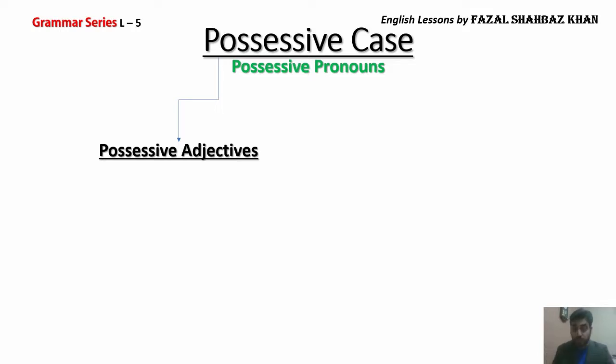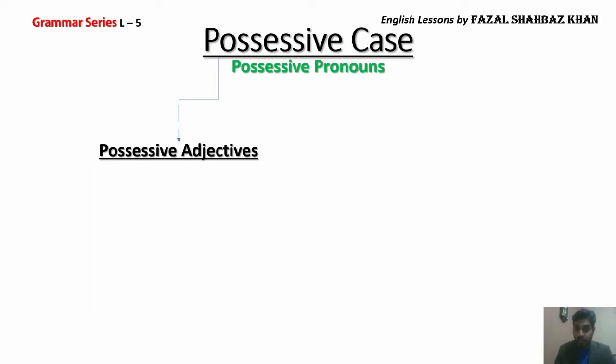We are going to talk about it in detail in our coming lecture number 6 in the grammar series, but here a glimpse: adjectives are the words which define, determine or modify nouns or pronouns. That's a different thing. We sometimes get confused and mix them together, like possessive pronouns getting mixed with possessive adjectives. That's a different thing, but it is formed from the possessive case.